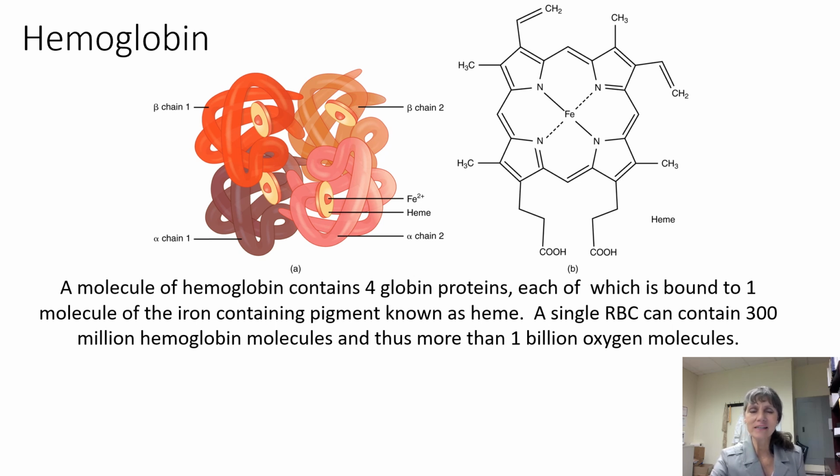And in the heme disc, you can see that iron in the very center. And a single red blood cell can contain up to 300 million hemoglobin molecules and carry more than 1 billion oxygen molecules.